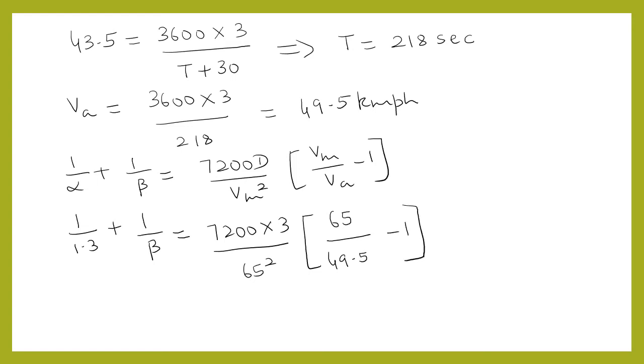Solving this equation for beta, we get the value of retardation beta equal to 1.208 kilometer per hour per second.